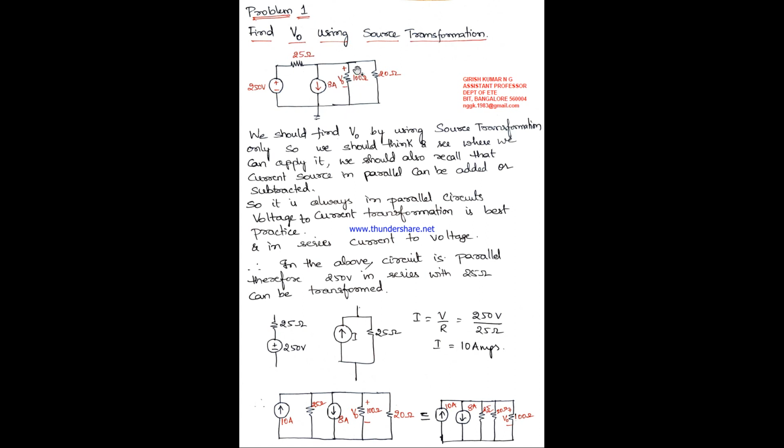So V naught is the voltage across 100 ohms, and V naught is also the voltage across 20 ohms, because as this is a parallel connection, voltage remains constant across a parallel network.